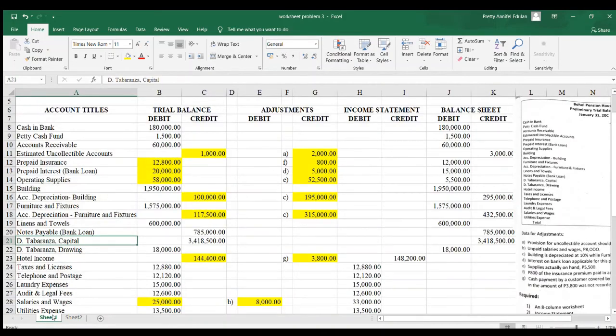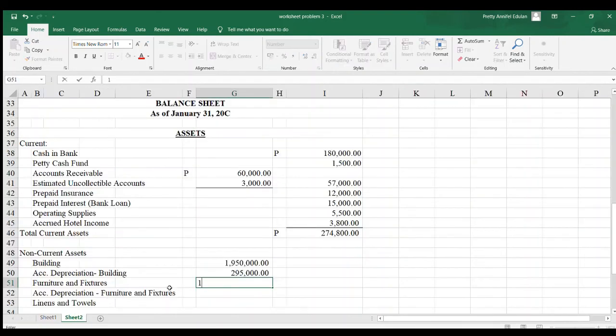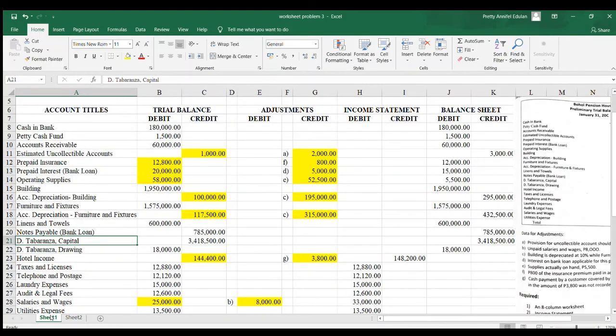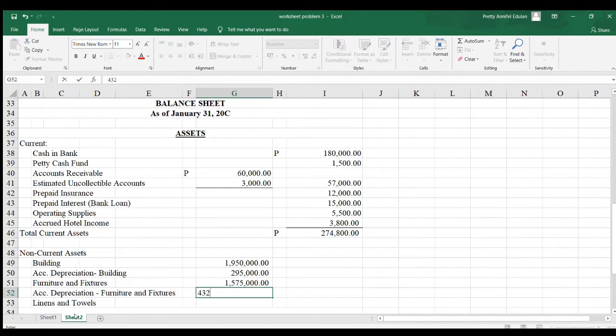We also have 1,575 and 432,500. Take note, this is the related account and that is the related account.